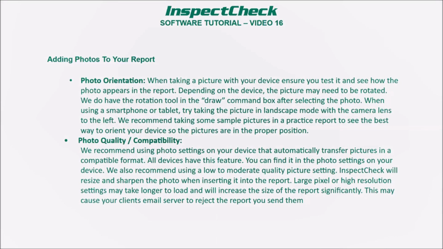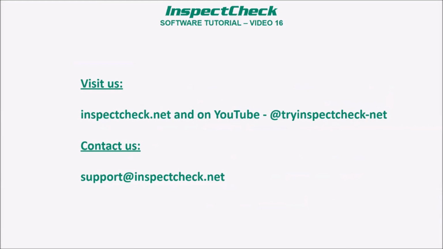Large pixel or high resolution settings may take longer to load and will increase the size of the report significantly. This may cause your client's email server to reject the report you send them. It's a home inspection. They're going to be able to see the picture. You don't need to use that high of a resolution. A moderate resolution is just fine.